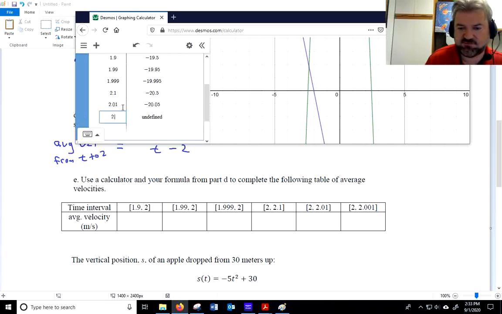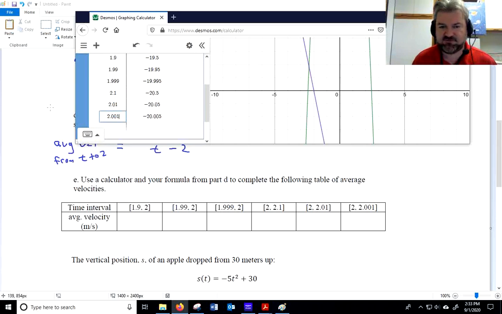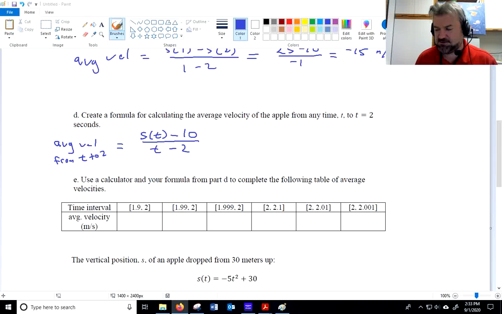Can't do 2 because it wouldn't be defined there, right? All right, so those are the values that you should have in your table. I'm just going to transfer those over so we have them documented here.